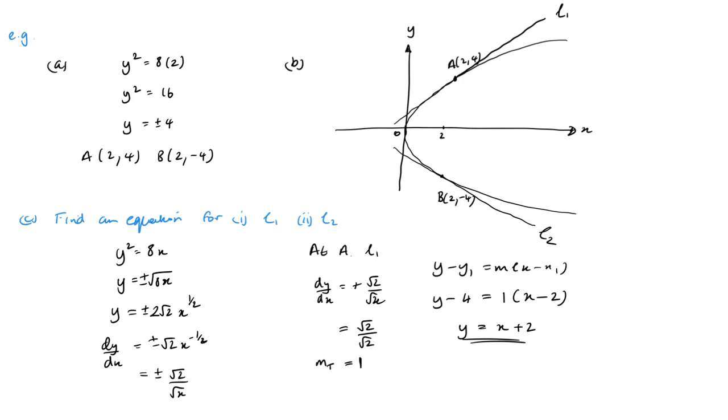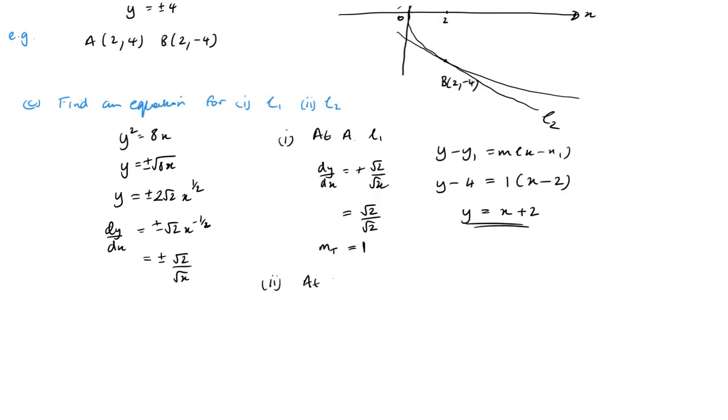Now we need to go ahead and find the tangent L2. This one's a negative gradient. Now at B, we're finding L2. So at B, dy by dx equals minus root 2 over root x, which therefore is minus 1. So our gradient for L2 is minus 1, and our coordinate is B equals 2, minus 4.